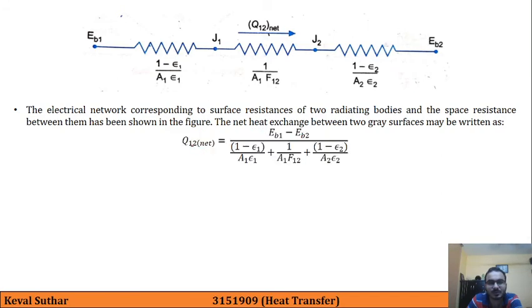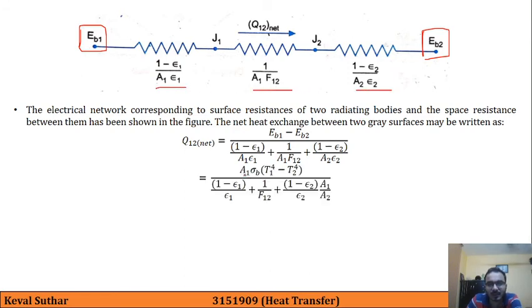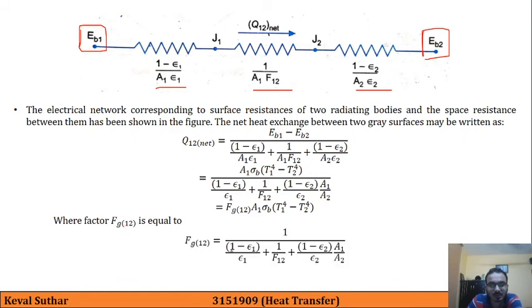So we can write the net heat exchange between two gray bodies in this way, that EB1 minus EB2, that is the difference between these two, divided by the sum of resistances, that is 1, 2 and 3. And we have applied the Stefan-Boltzmann law, and we have obtained one value, Fg12, which is equal to this formula, and this is known as the gray body factor.